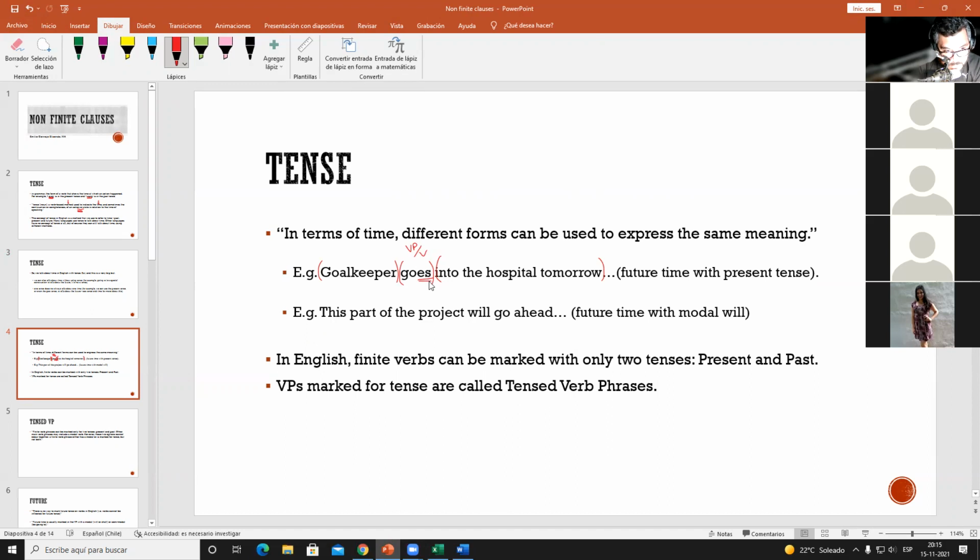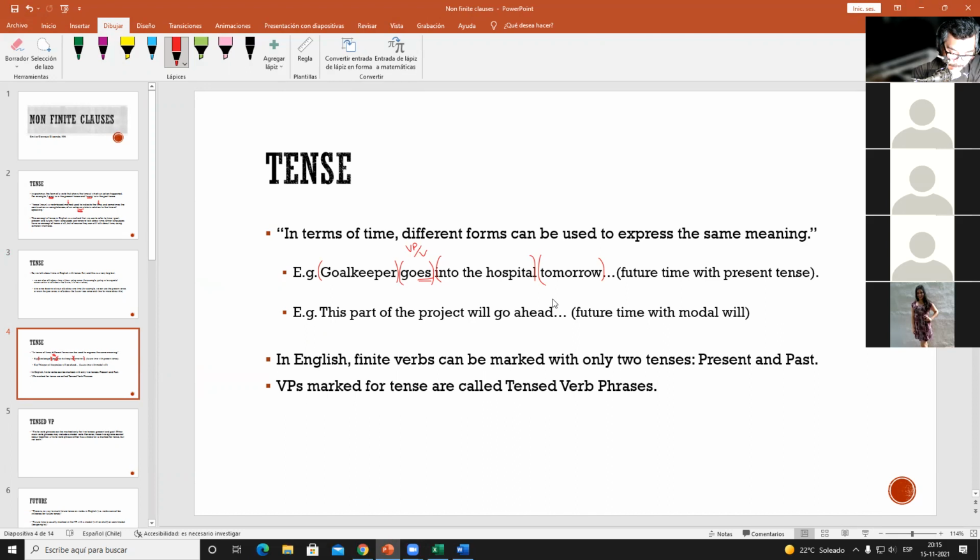Goalkeeper goes into the hospital tomorrow. This sentence is about the future. And this is a very, very, very important point. Why? Because with this, I state the difference, and I'm telling you, they are not the same.